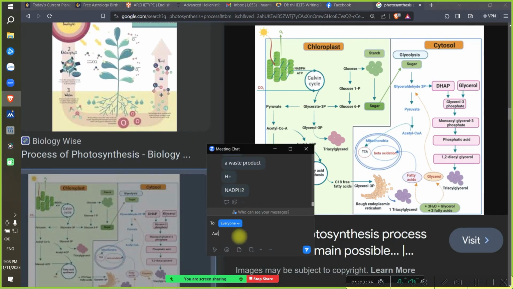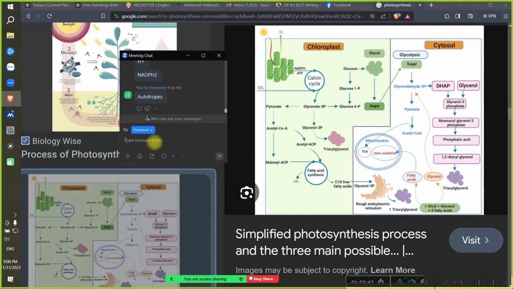They are autotrophs, which means they can produce their own food. Nó tự tạo đồ ăn được luôn, tự tạo thức ăn. They can produce their own food from sunlight and things like that. They do not need to eat or kill other species, you know, không cần ăn những con khác để sống. But animals, they are heterotrophs.